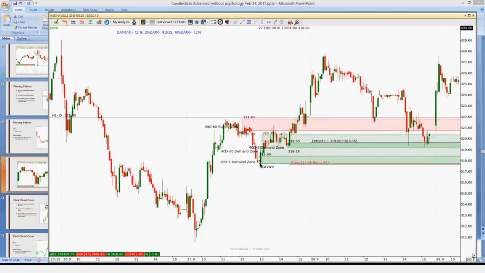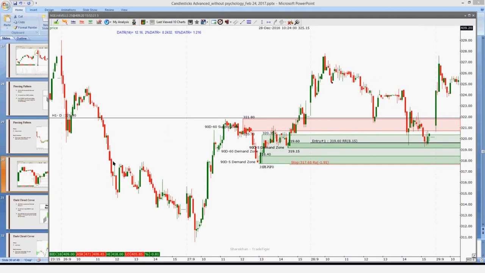And what is this, friends? This zone, the lower one. What is this? You have already studied this. Resistance, high, retracement, and then high engulf. What is this? This area. Friends, you are mistaken.